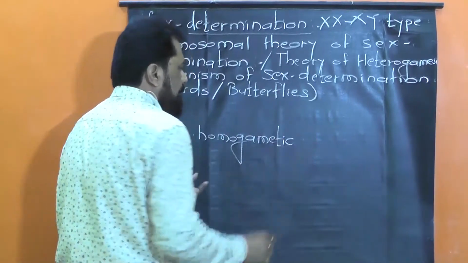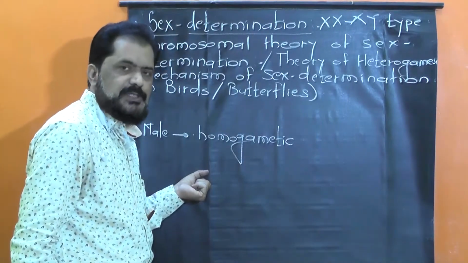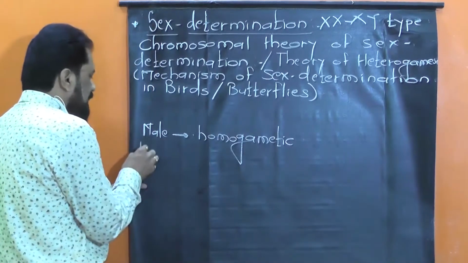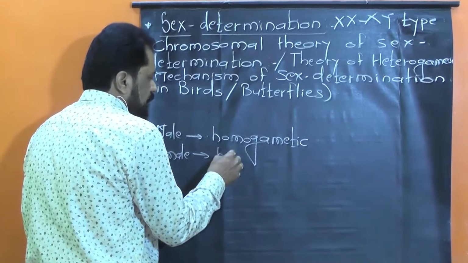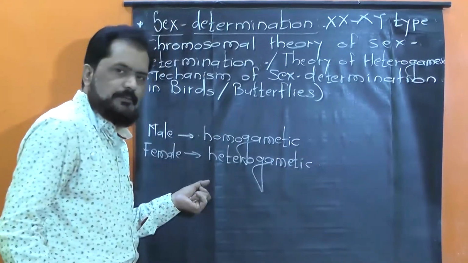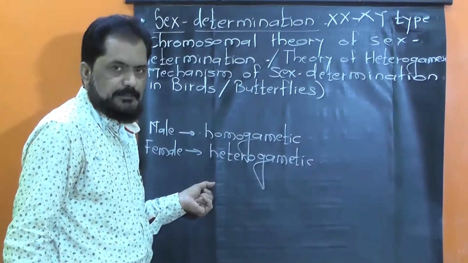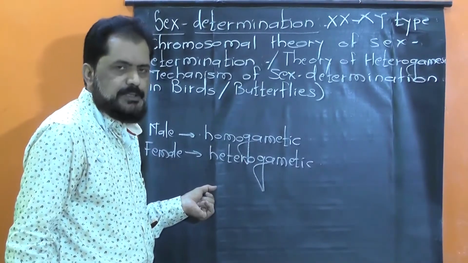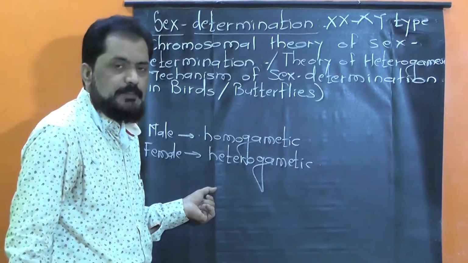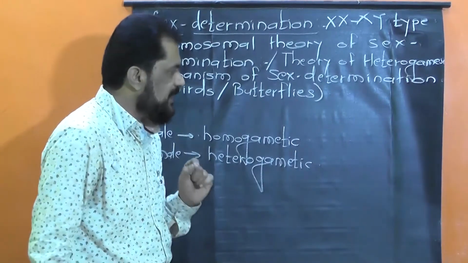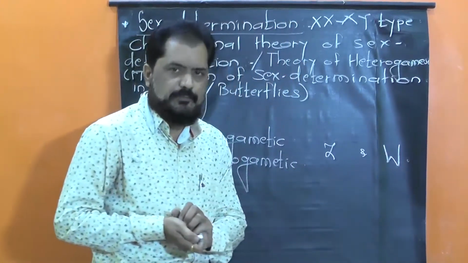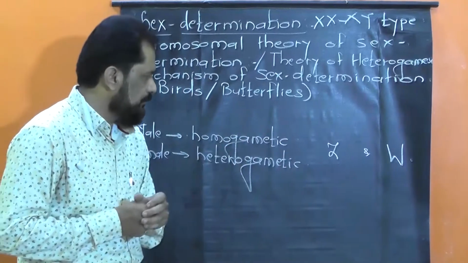That is, the male individual produces all identical gametes and the female individual is heterogametic. It means the female individual produces two different types of gametes, because in birds the sex chromosomes are represented as Z and W. These letters are used to avoid confusion.